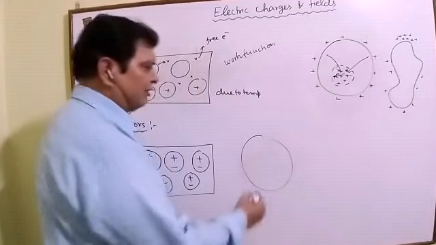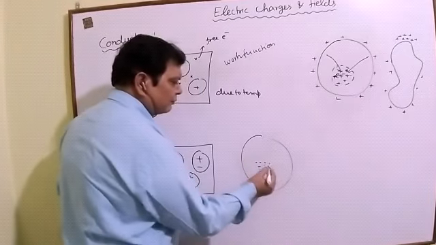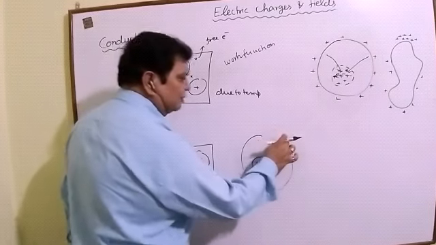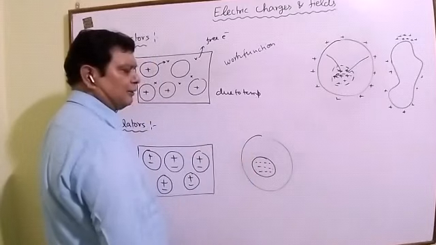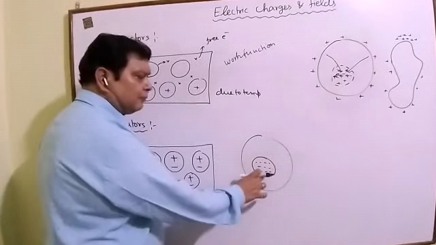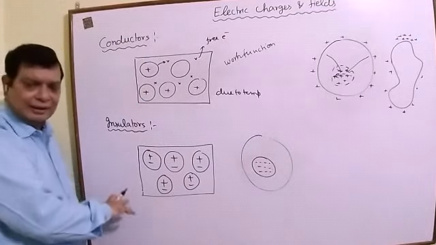That means if you have given some negative charge at this place, then this negative charge will not shift to the surface of the conductor. It will remain at the same place. Clear? So I have discussed conductors and insulators.